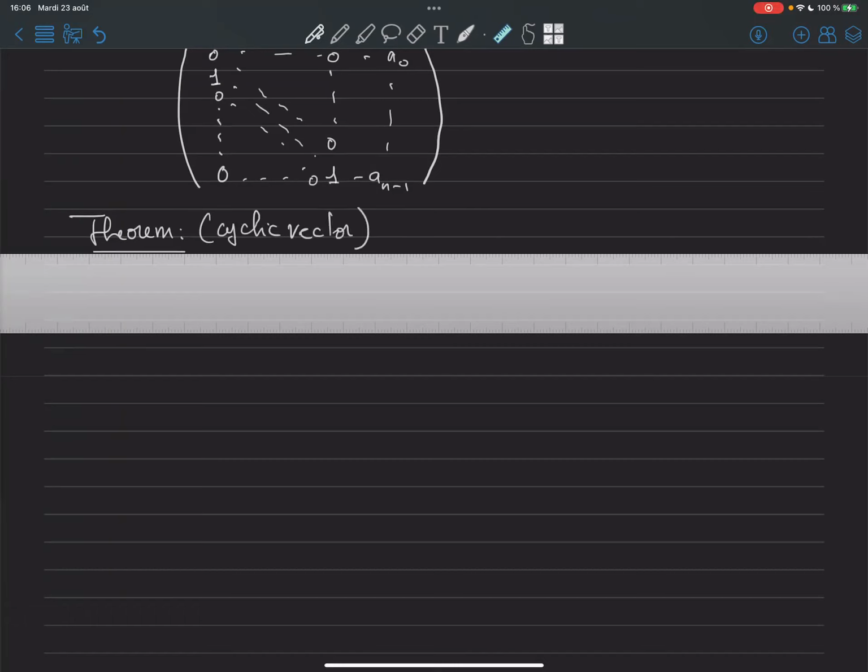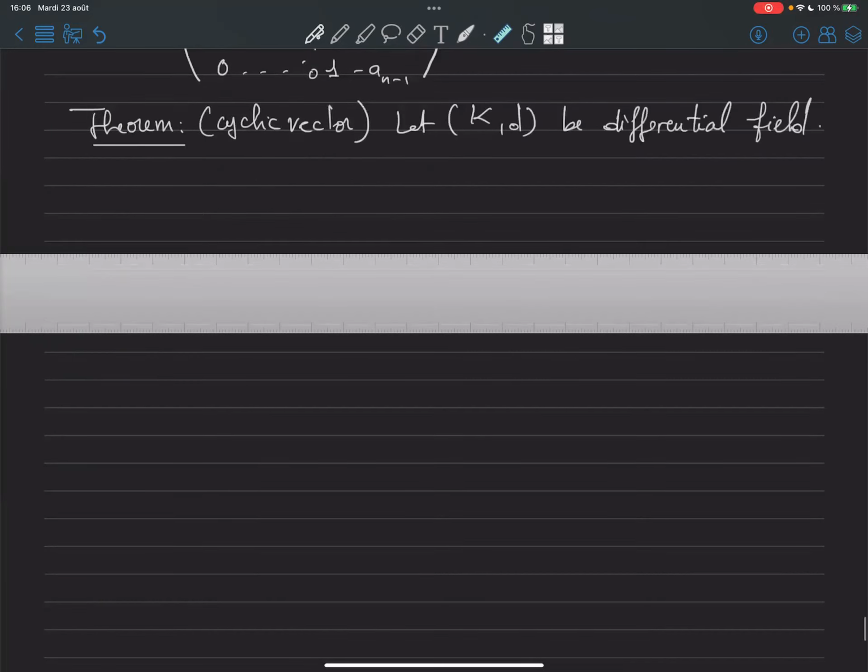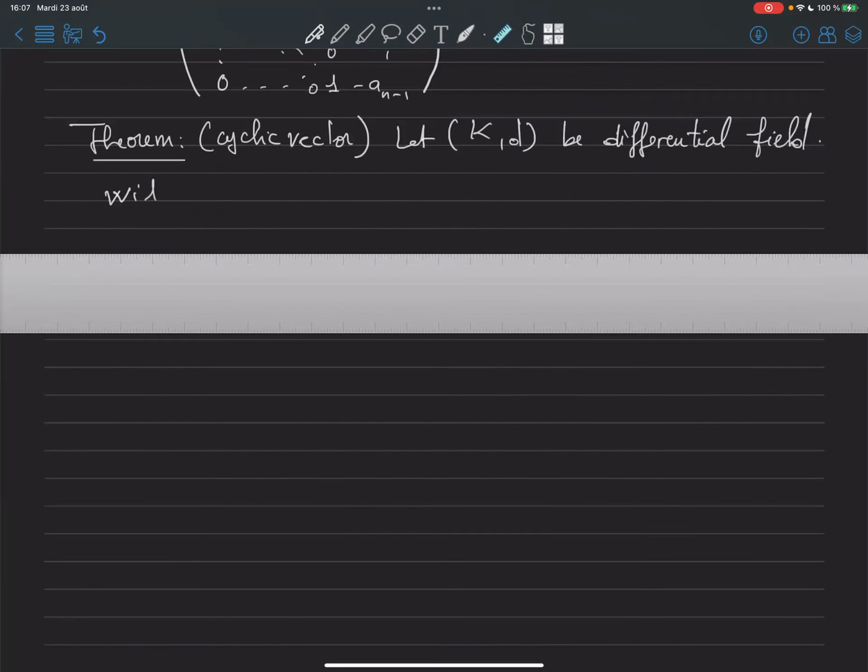Let K be a differential field. I said before that the derivative is different from zero. Otherwise, it will not be the same, because if the derivative is equal to zero, it's just the theory of linear maps, and in such a situation we cannot always find a cyclic vector.